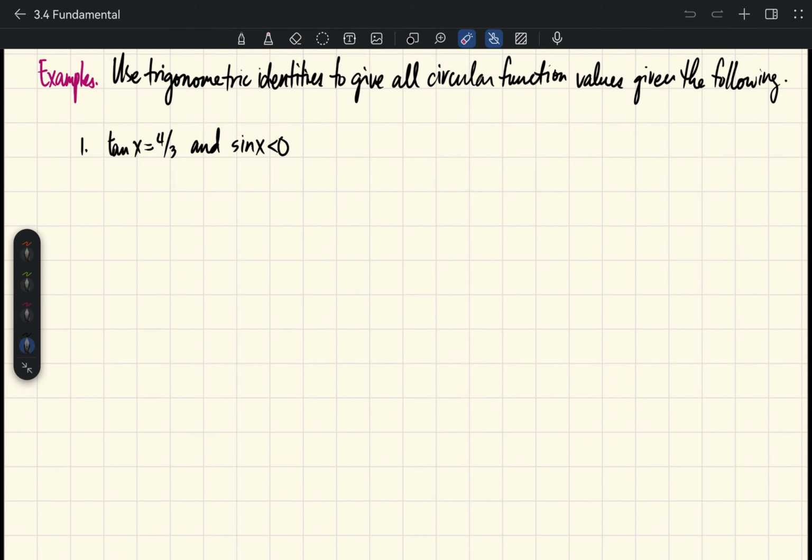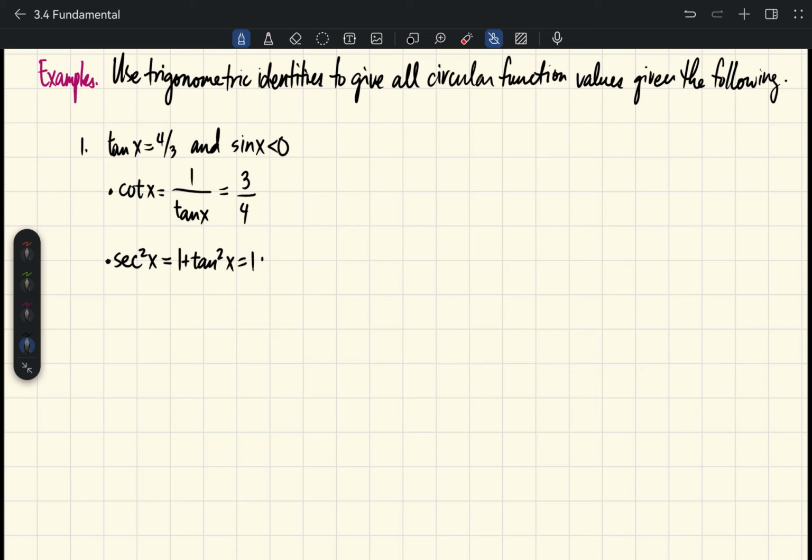So first, given tangent x equals 4/3, we can already find cotangent x, which is just 1 over tangent x, and that's the reciprocal of 4/3, which is 3/4. Then after that, we can find secant squared x, which is just 1 plus tangent squared x.